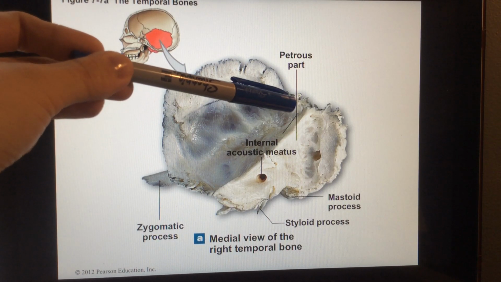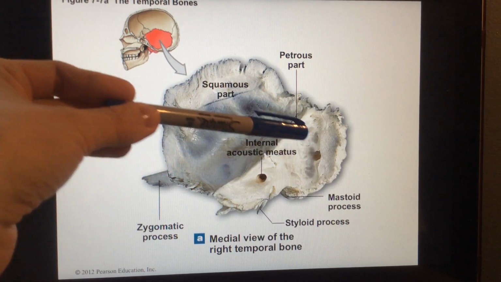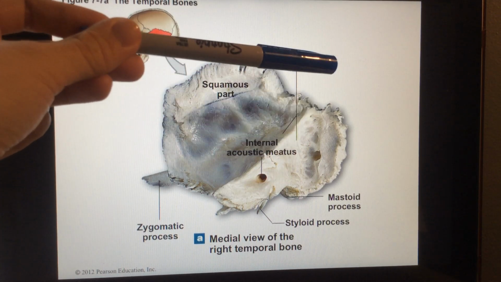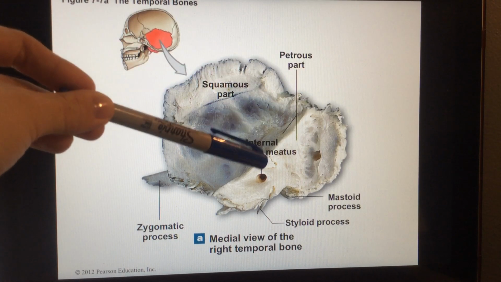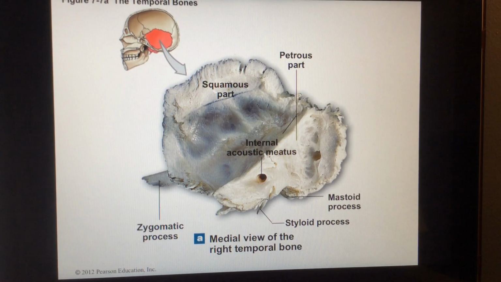And so again, it's going to enclose structures of the internal ear. And again, the external acoustic meatus is going to end at that tympanic membrane, which leads to this portion.